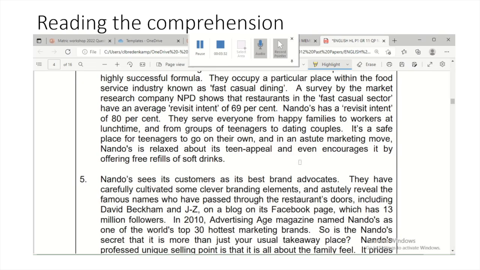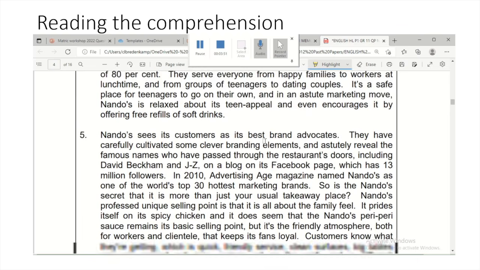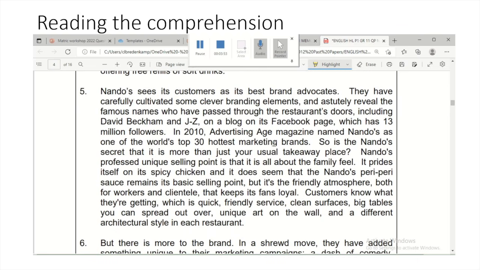They serve everyone from happy families to workers at lunchtime and from groups of teenagers to dating couples. It's a safe place for teenagers to go on their own and is an astute marketing move. Nando's is relaxed about its teen appeal and even encourages it by offering free refills of soft drinks. Nando's sees its customers as its best brand advocates.